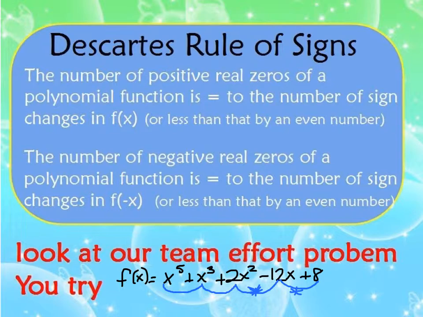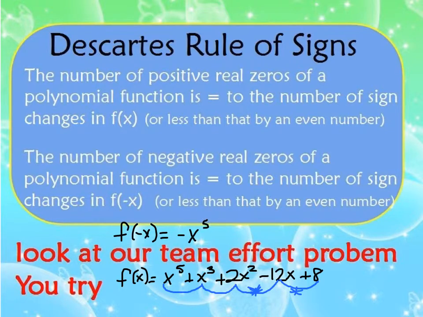Now what we're going to be doing is finding f of negative x. So we have to put a negative x in for all of our x's. I'm going to squeeze it in up here. For f of negative x, that just means put in a negative x. So a negative x to the fifth is going to be a negative x to the fifth.